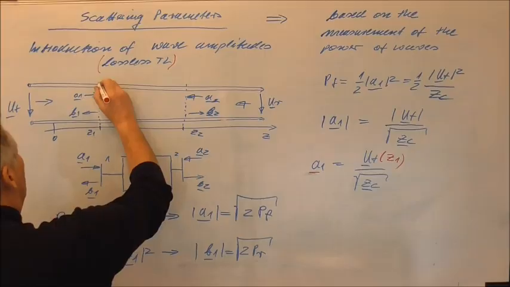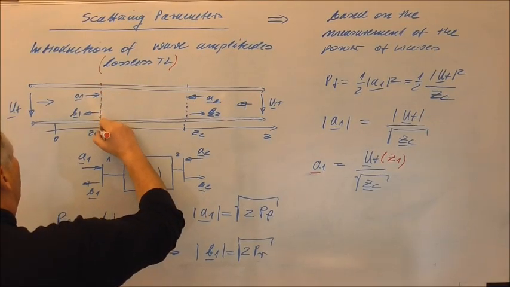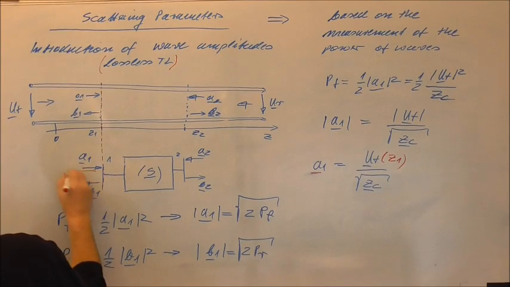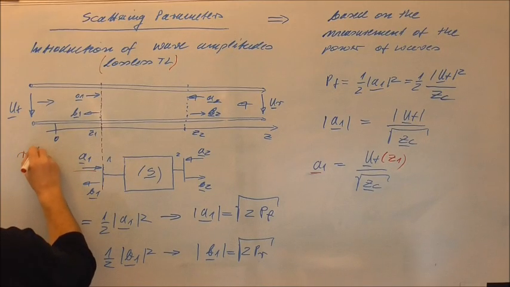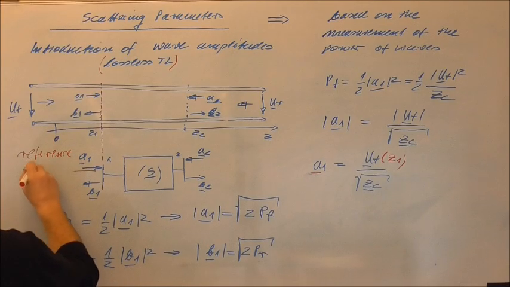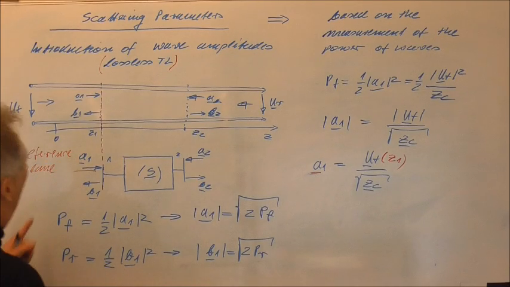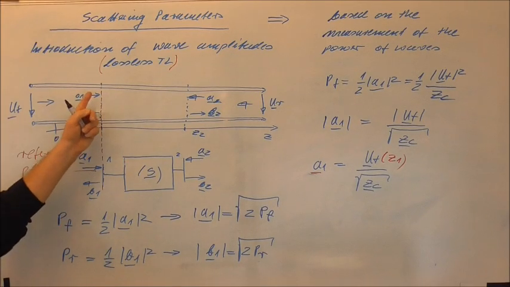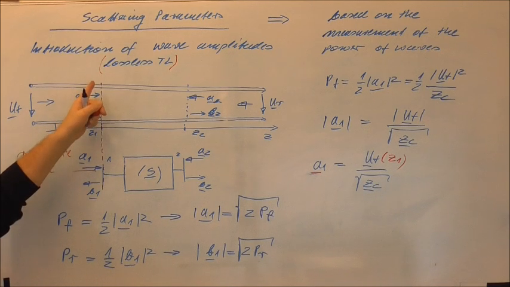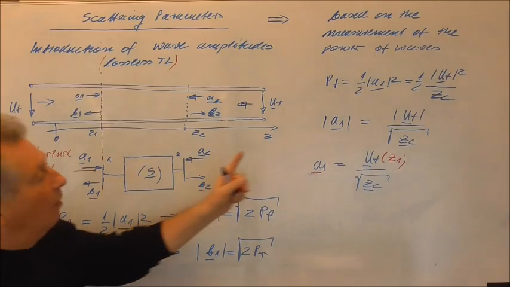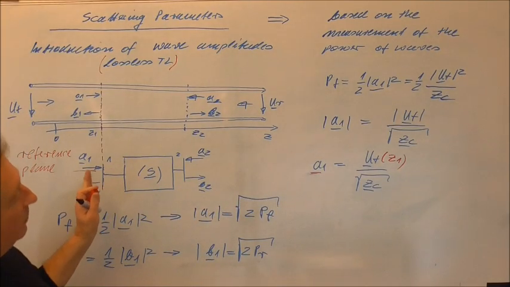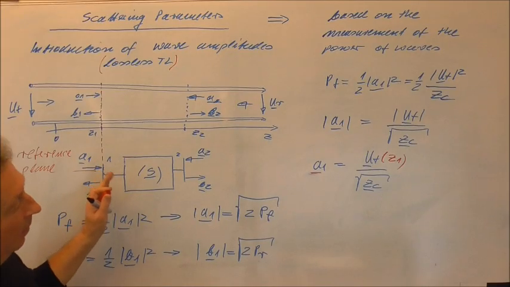So now, as soon as I say A1 is equal to the voltage of the forward traveling wave at Z1 divided by Zc, then we can introduce a phase. And what we do here now is introduce a so-called reference plane. So this is our reference plane, the plane of port 1. So the phase of A1 is equal to the phase of the voltage, or it's equal to the phase of the transversal electric field at Z1.